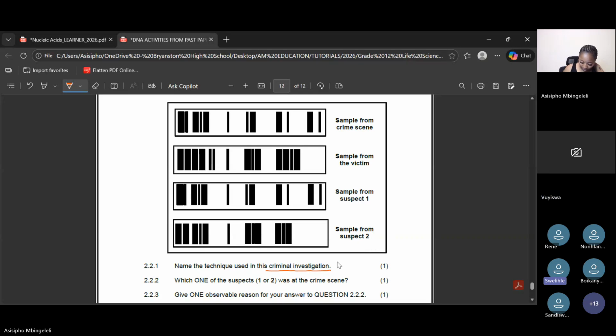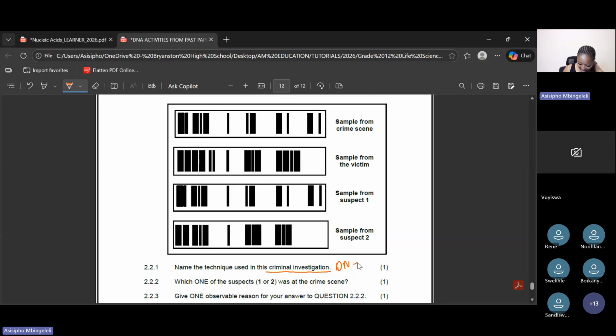DNA profiling? DNA profiling. Thank you. DNA profiling. Okay. Which one of the suspects, 1 or 2, was at the crime scene? So I'm going to give you suspect 1, ma'am.